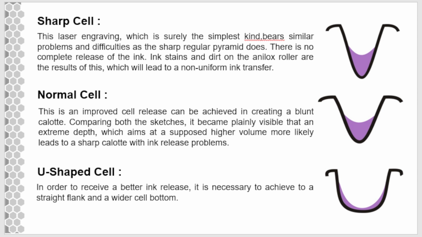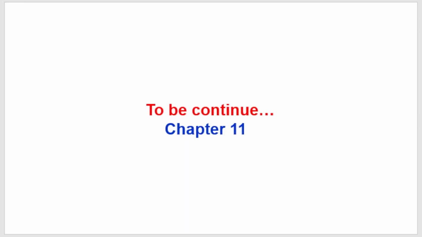U-shaped cells. In order to receive a better ink release, it is necessary to achieve a straight flank and a wider cell bottom. So we will continue in chapter number 11 with the same subject, Anilox roller's importance in flexography.